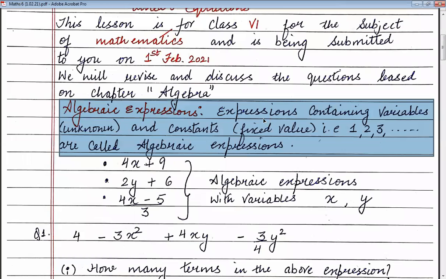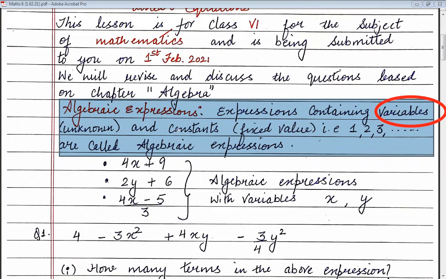Now children, any expression containing variables and constants is called an algebraic expression. I guess you remember what variables are? Children, variables are any alphabet, that is x, y, z, a, and its value is unknown.